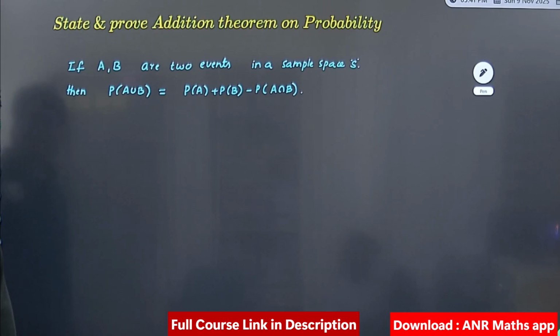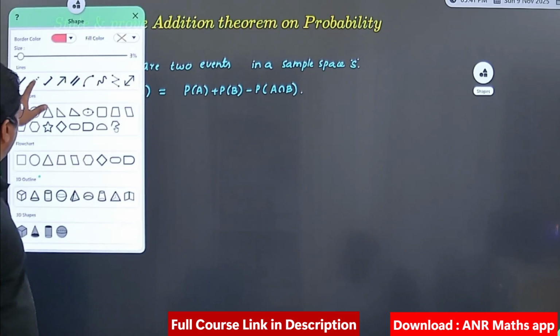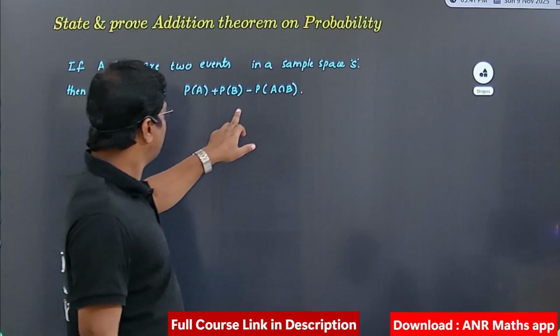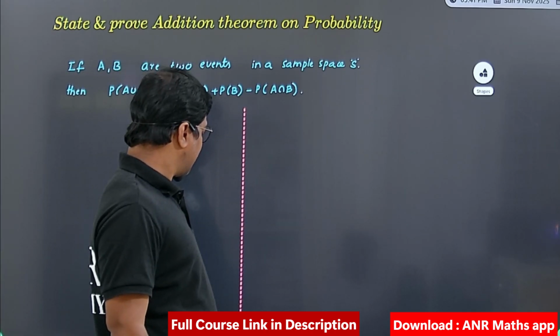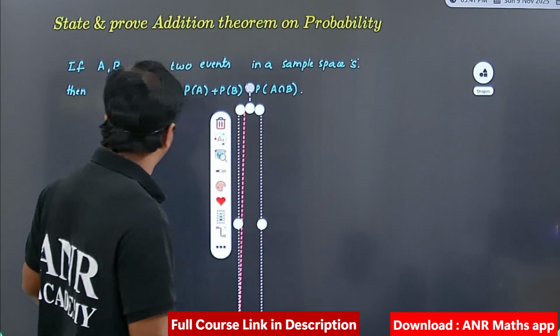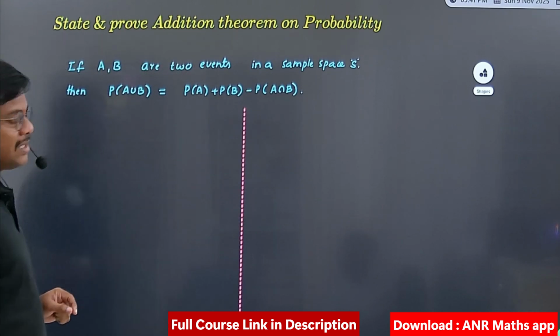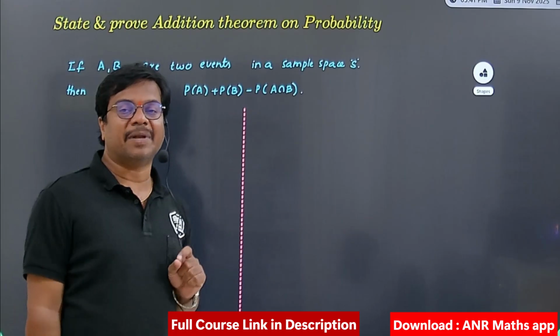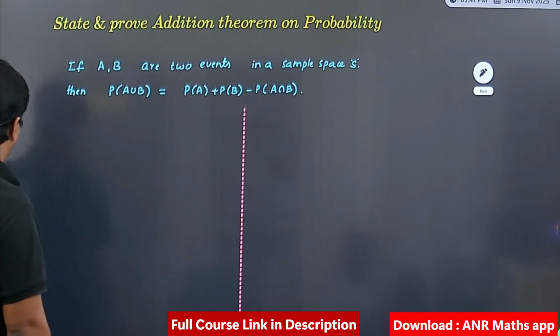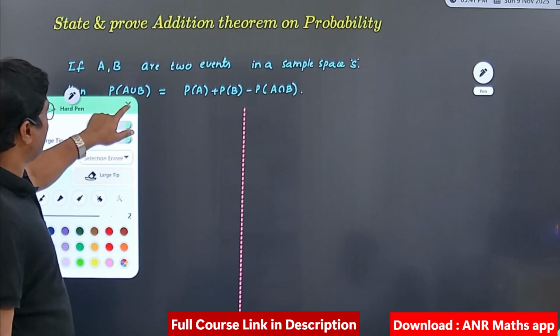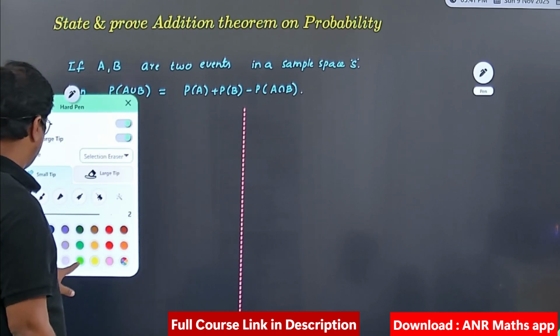Yes, to prove this, two cases arise. First, case 1. Suppose the two events capital A and capital B are disjoint, and in the second case suppose that they are not disjoint.